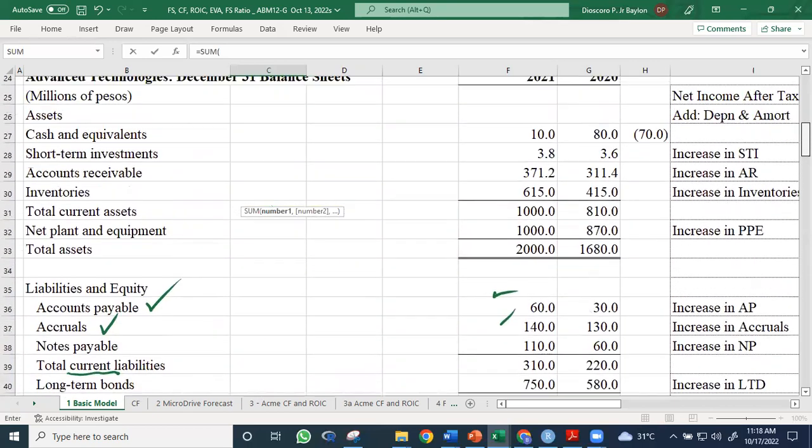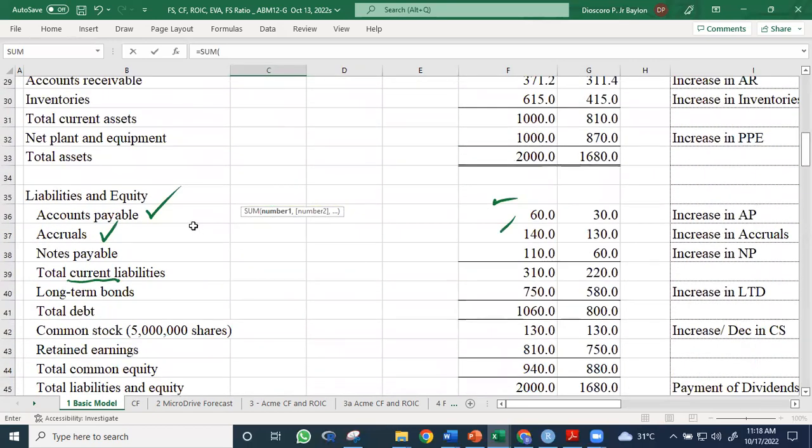The current liabilities are accounts payable, accruals, and notes payable. Of these three, one is not operating because it's interest-bearing. Notes payable is not an operating current liability, so we will exclude this and just add accounts payable and accruals.